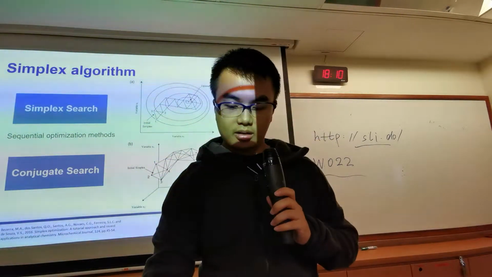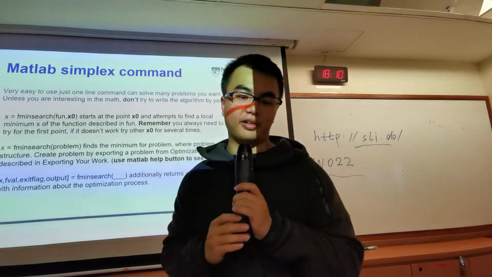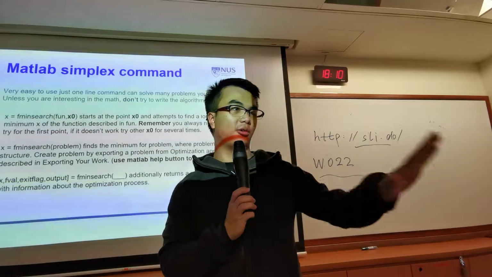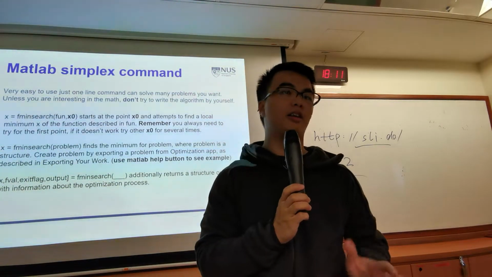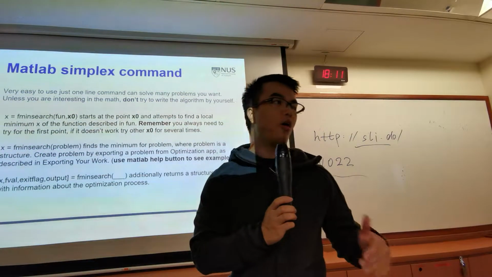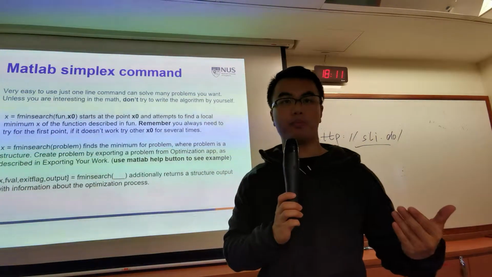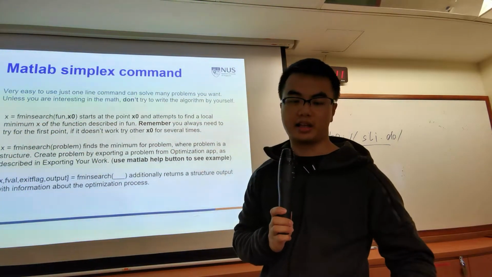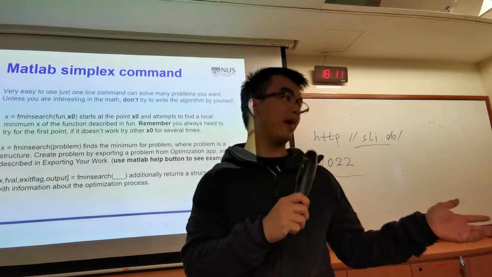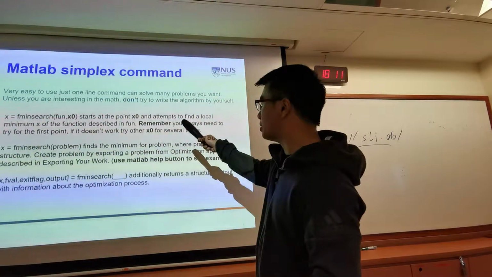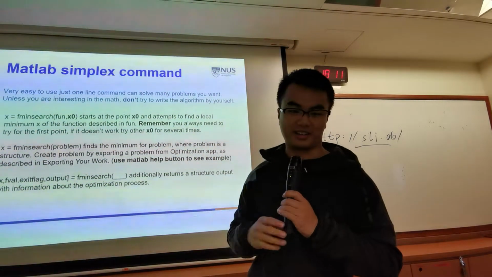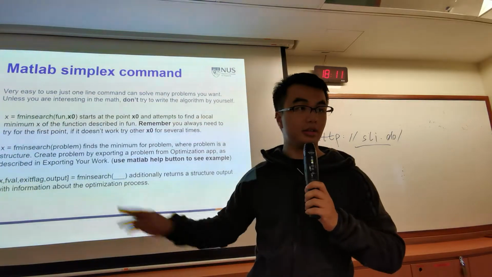And the thing is, never try to write the code for the Simplex method or this kind of algorithm unless you are quite interested in the mathematics of it. All of these are already well built inside Matlab. You can just use a simple one-line command like fminsearch. I used it for my individual project last year, and it is quite easy to use.